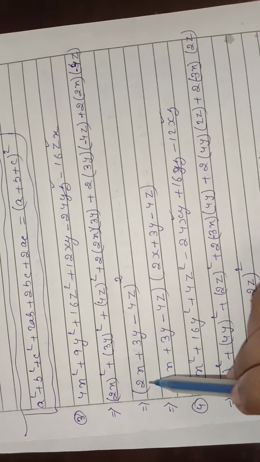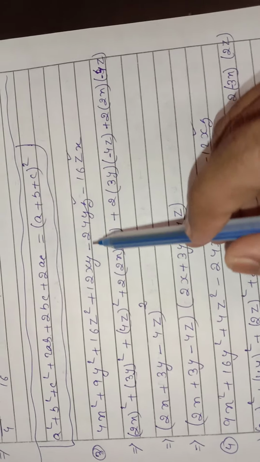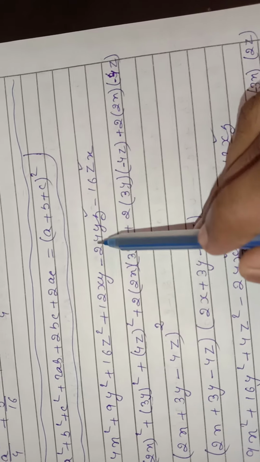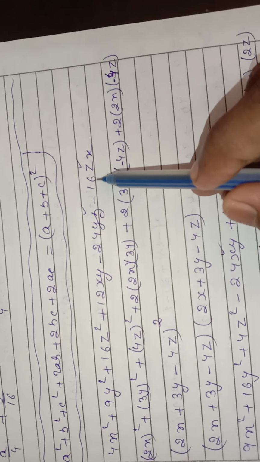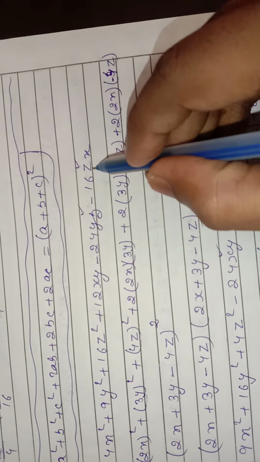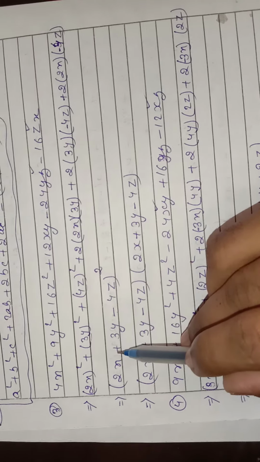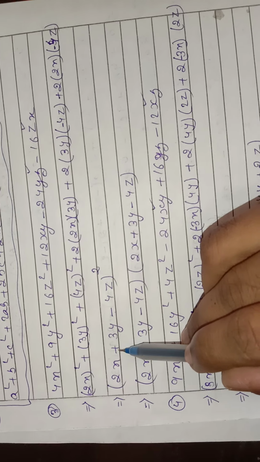Write a, b, c as it is, and then find where we have minus in both numbers, and what is common in these two. We can easily find the common letter is z. That means in place of z we have to write minus, and on the other side plus.